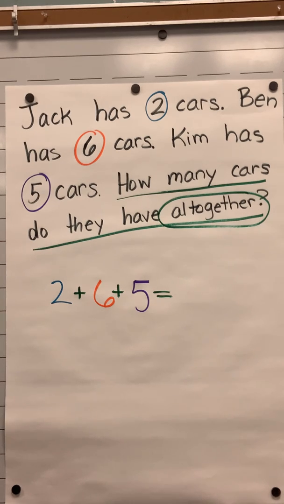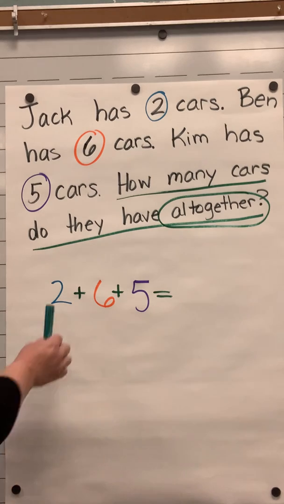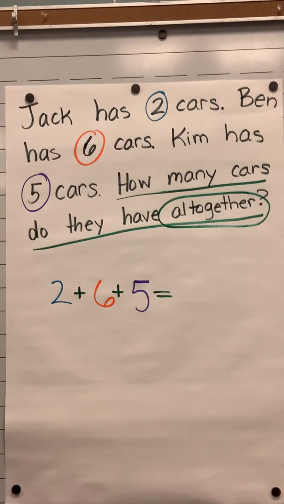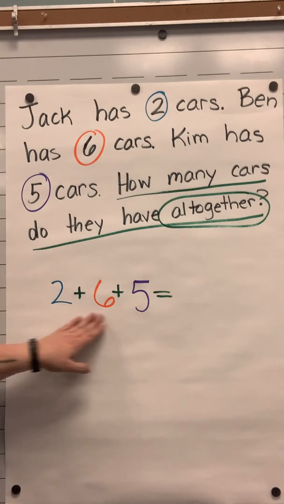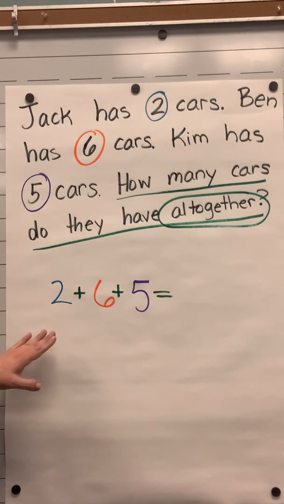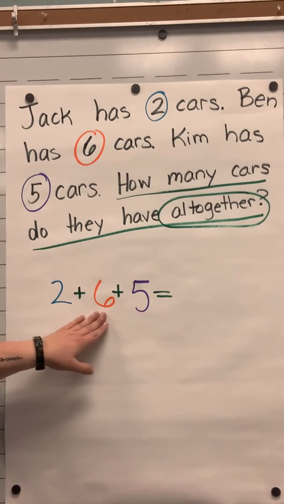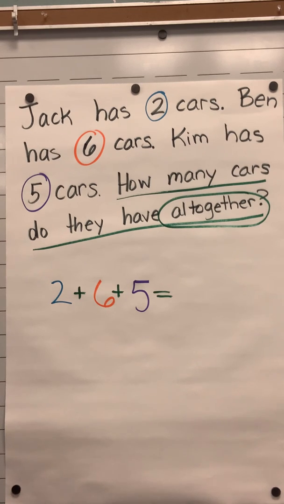If I just know it, I don't have to figure it out. It's fact power. So 2 plus 6, I don't know that. No. I don't know 2 plus 5. I don't know that. How about 6 plus 5? I don't know that either. So for this one, I don't have any fact power, so I'm just going to have to work a little bit harder, and that's fine.